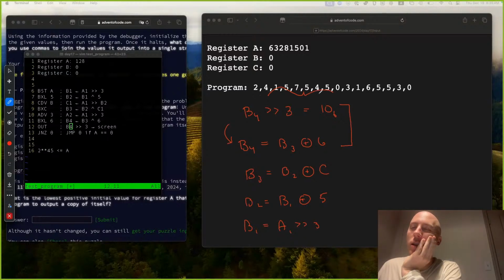this equation is underconstrained, underdetermined. What values of B4 would satisfy this equation?